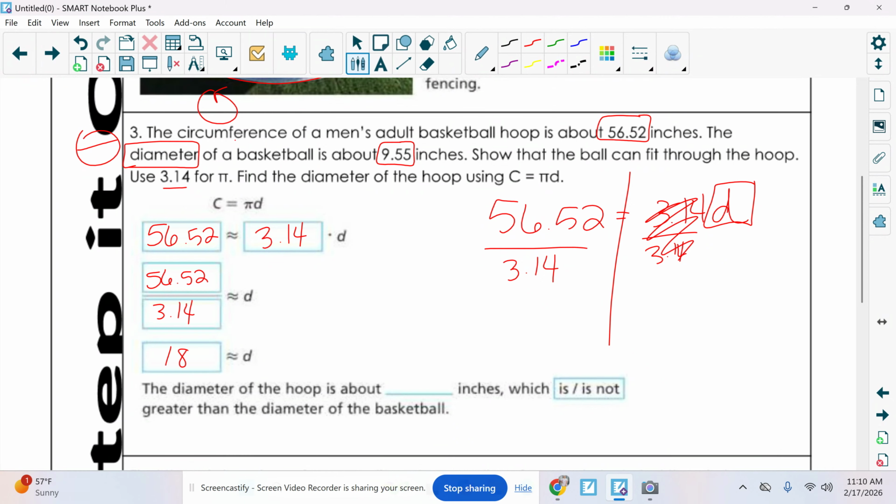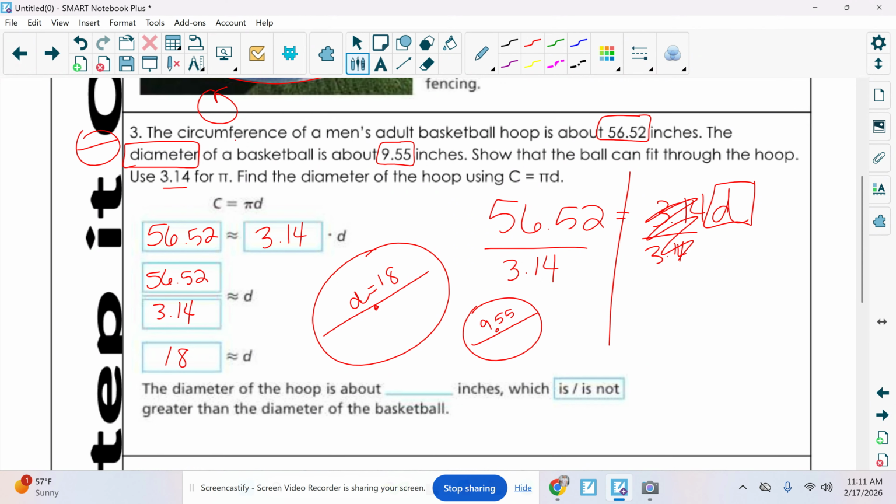So this is the basketball hoop. Here's my basketball hoop. It has a diameter of 18. Here's my basketball. What did it have a diameter of? Will the basketball go into the hoop? It's actually about halfway, right? About 9, about 18. The basketball's half the size of the hoop.